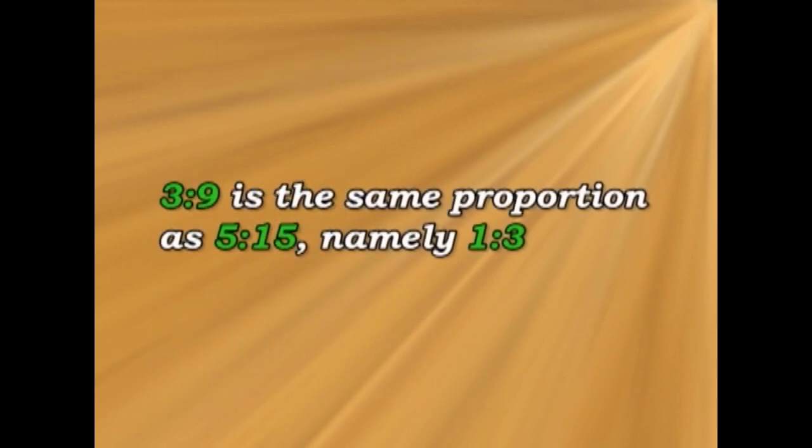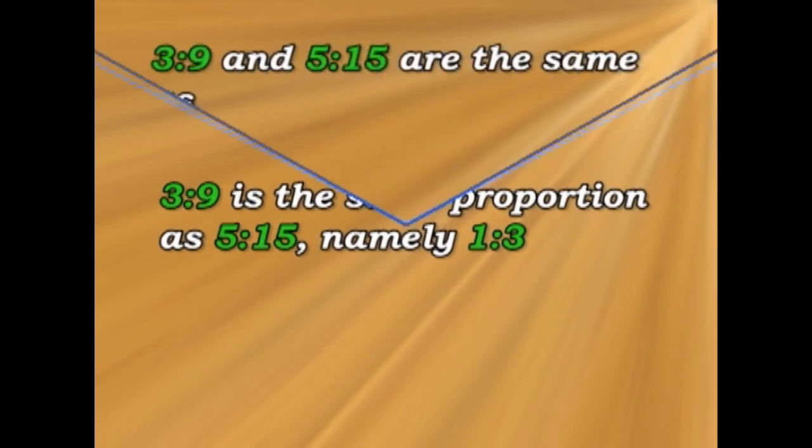So now we see clearly that 3 to 9 is the same proportion as 5 to 15, namely 1 to 3. You get it? So we're thinking of a ratio, a proportion of 1 to 3.